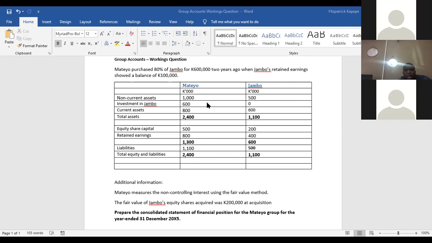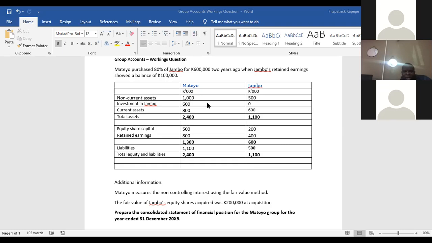Equity shares at report date, there was 200,000. But if you look down there, additional information, the fair value.